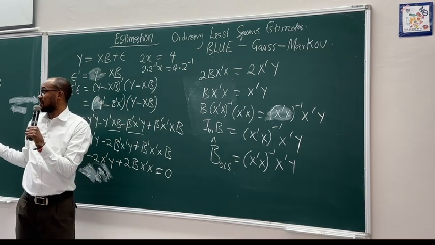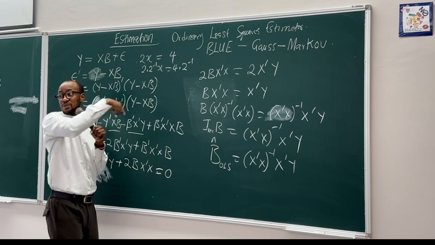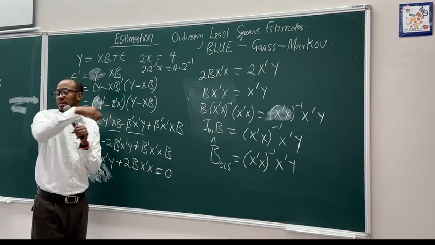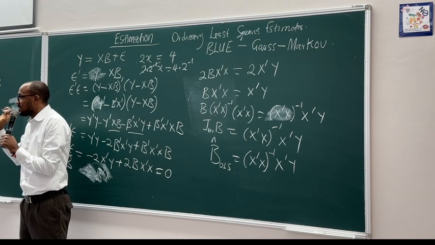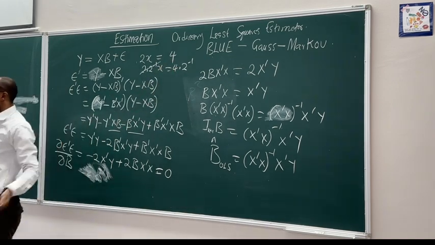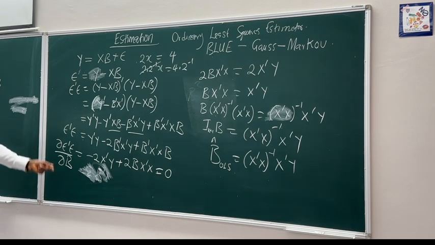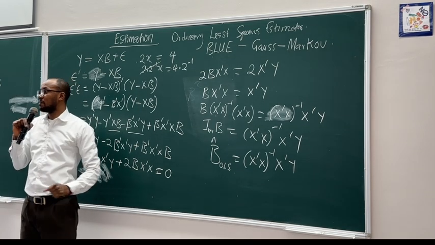So what will this give to me? 2 inverse is the same as 1 over 2. Of course, this is going to go, and then x will be left alone in peace. That's what we did. We're just trying to mimic what we do in scalar algebra, in higher dimensional space involving matrices. So, this is what we have.